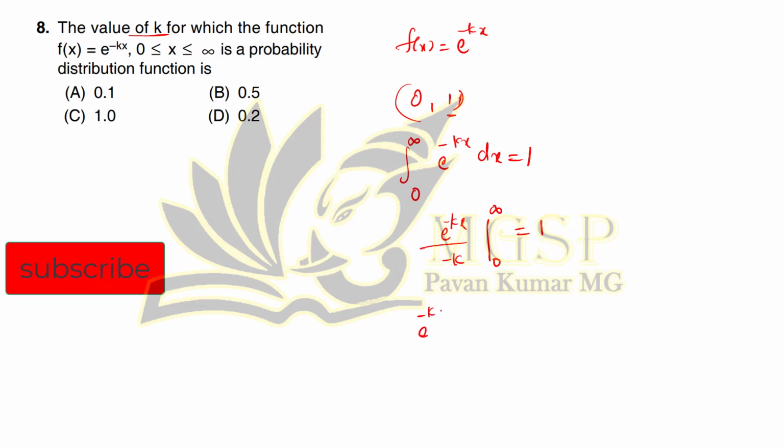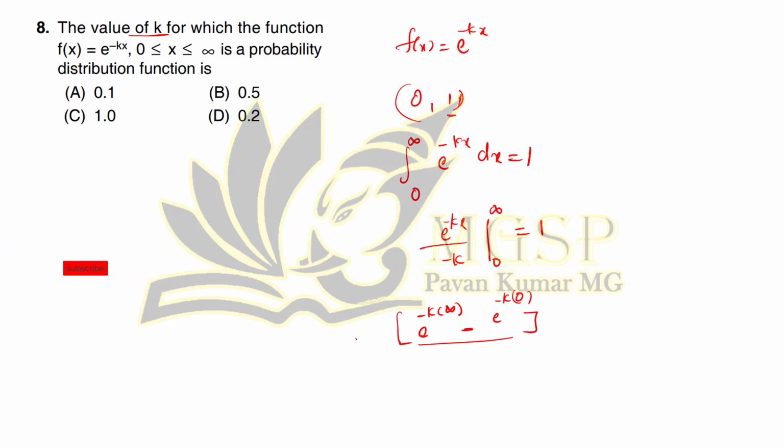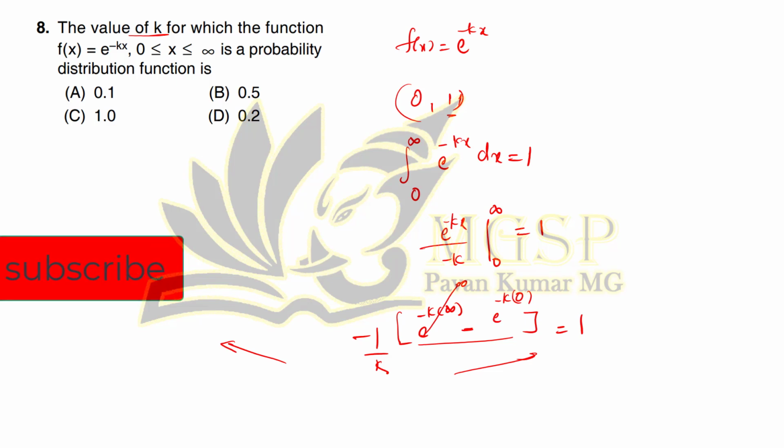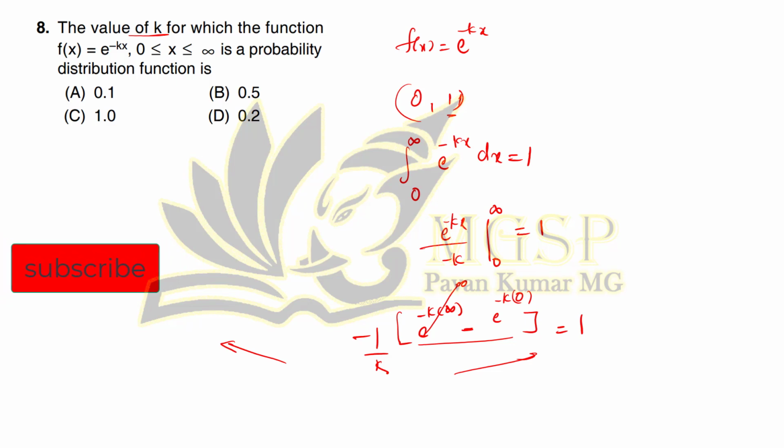Now e power minus k times infinity minus e power minus k times 0, whole divided by minus k, taking the minus sign out, equals 1. Substituting the limits, e power minus infinity tends to 0, and e power 0 is 1, and minus of minus becomes plus, so 1 by k is equal to 1.